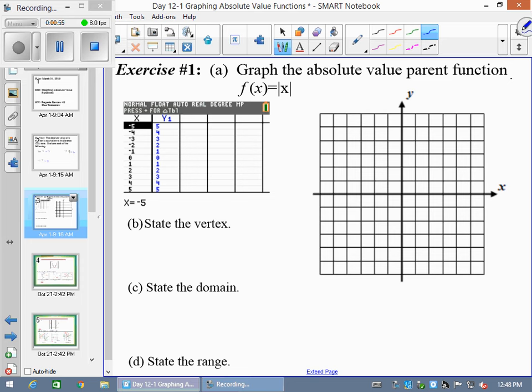Taking a look at question 1, we want to graph the absolute value parent function. That means there have been no transformations performed on this function. So I went to y equals on my calculator, and I typed in the absolute value of x. Now, you may not know where to find the absolute value of x.